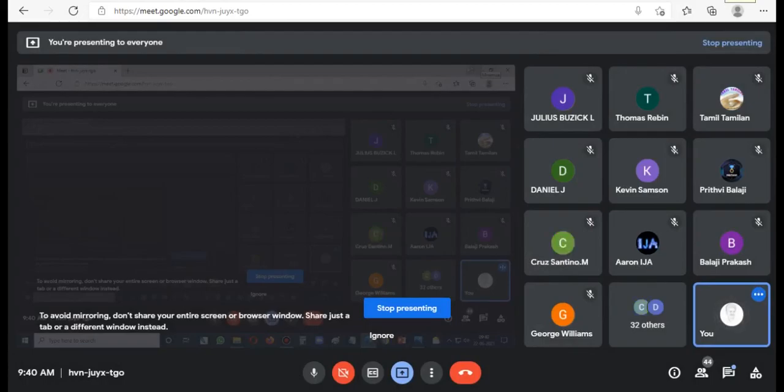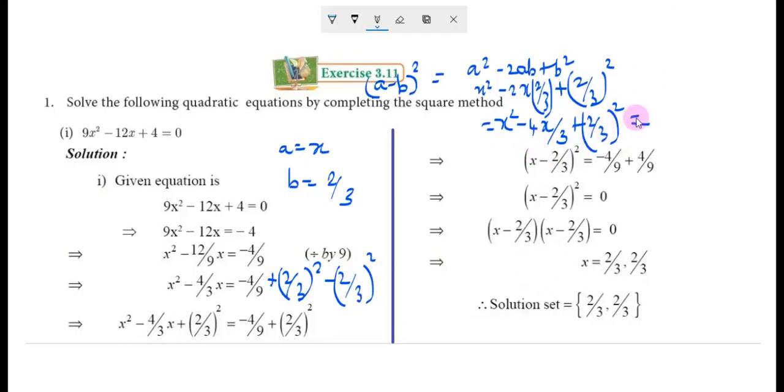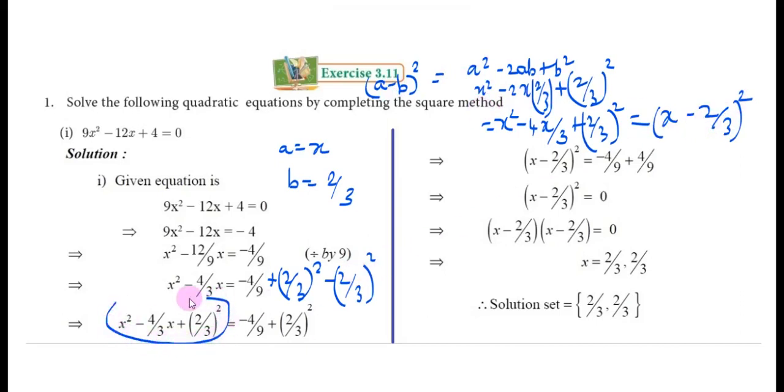Okay, now compare here a value x, so x minus b value 2 by 3, so for this step we may write a minus b the whole square, that is x minus 2 by 3 the whole square.